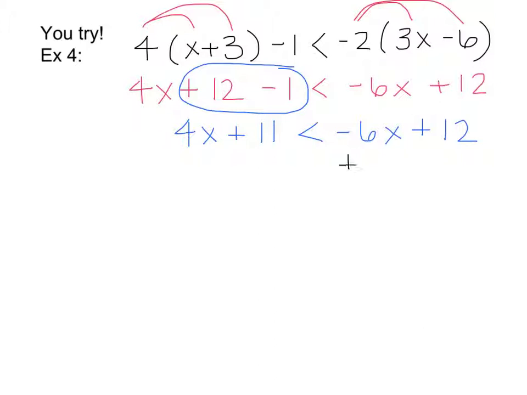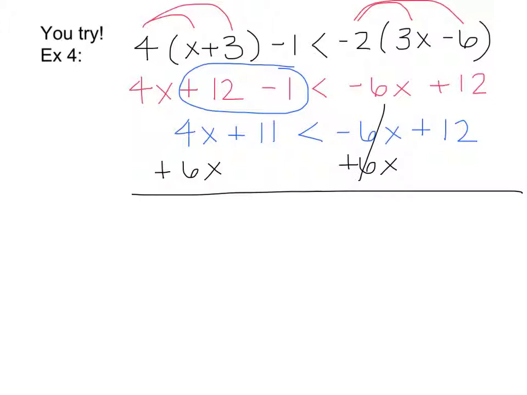I always like moving the smallest variable, but if you do it the other way, you should get the exact same answer. So the opposite of negative 6 is positive 6. 4x plus 6x gives me 10x. Bring down your plus 11, bring down your less than sign, and you're just left with 12 on your right-hand side.